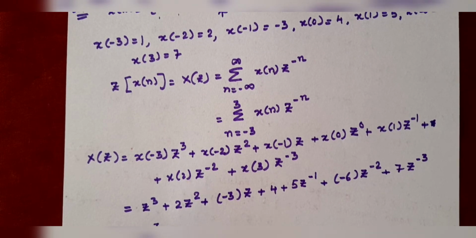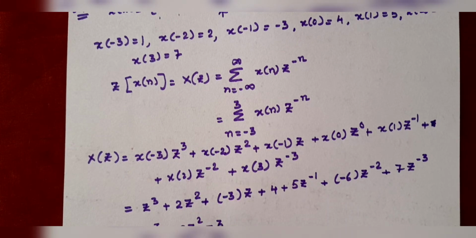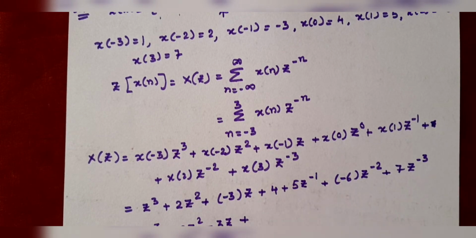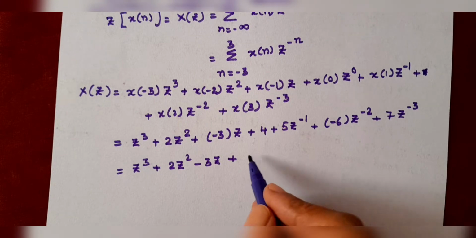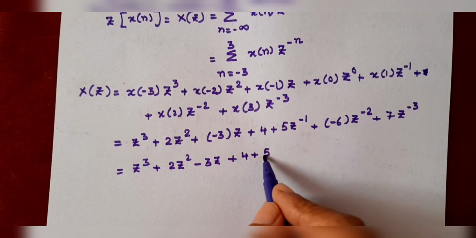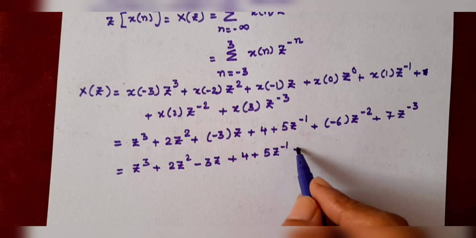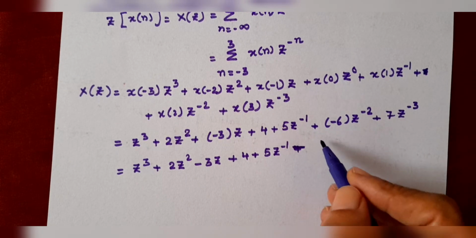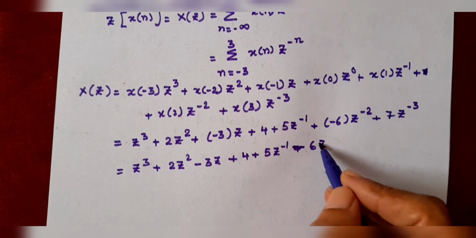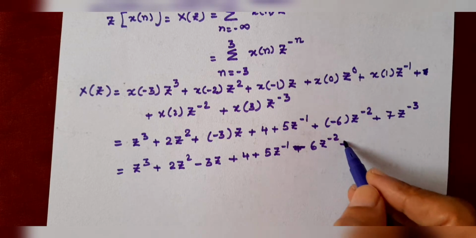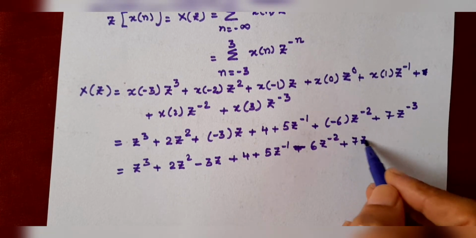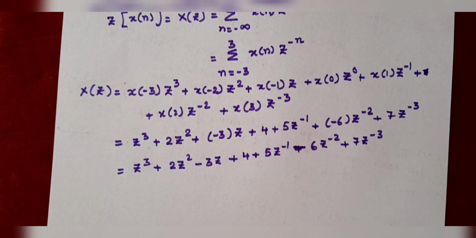So, what is it coming? Z to the power 3, 2z square, minus 3z plus 4 plus 5z to the power minus 1, minus 6z to the power minus 2 plus 7z to the power of minus 3. Okay.